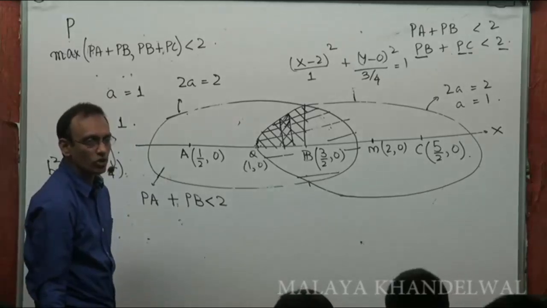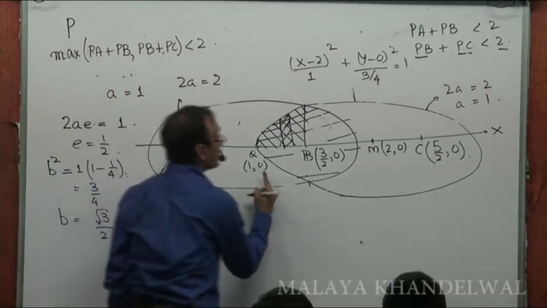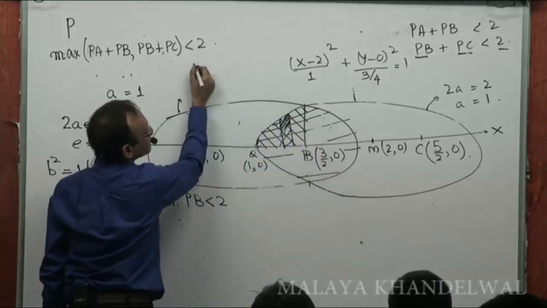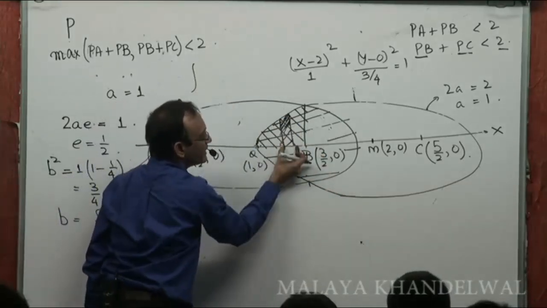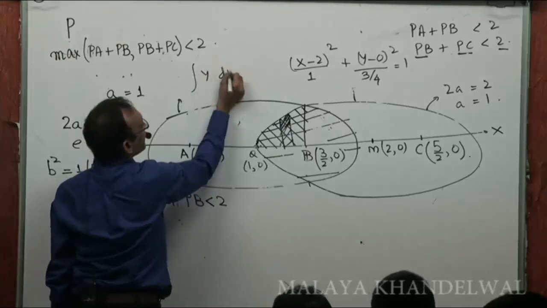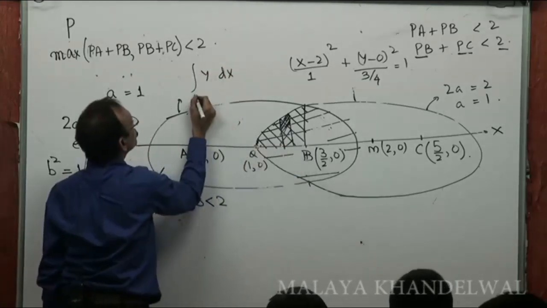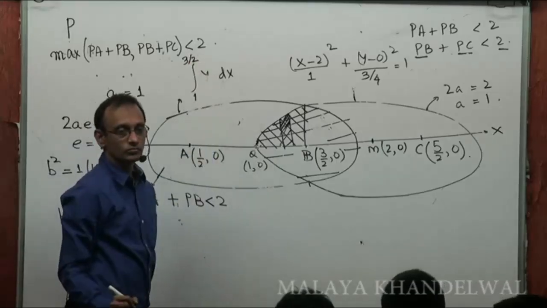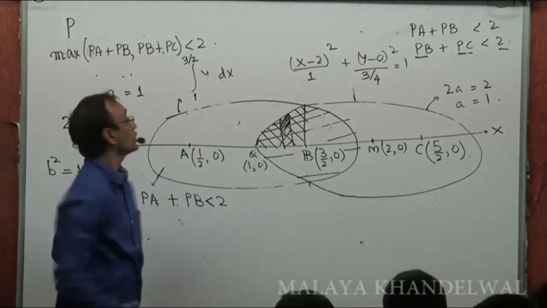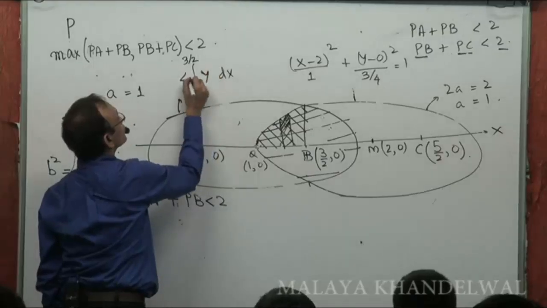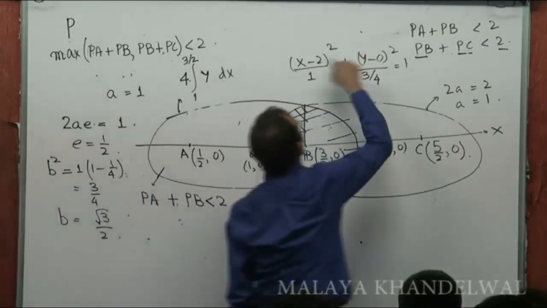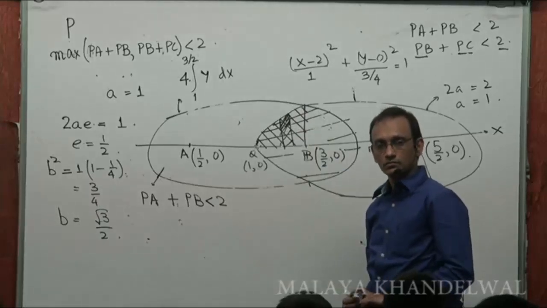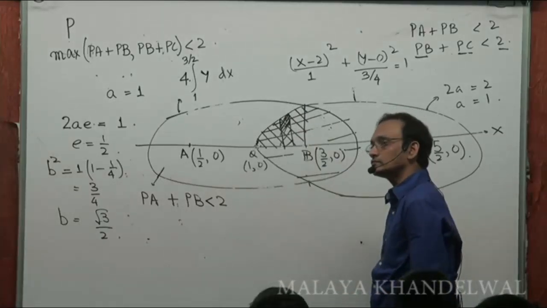Integration is required here. Integral of this strip is y dx. x runs from 1 to 3 by 2, into 4. That will be where y you can obtain as root of 1 minus etc. You will have to integrate this. Clear?